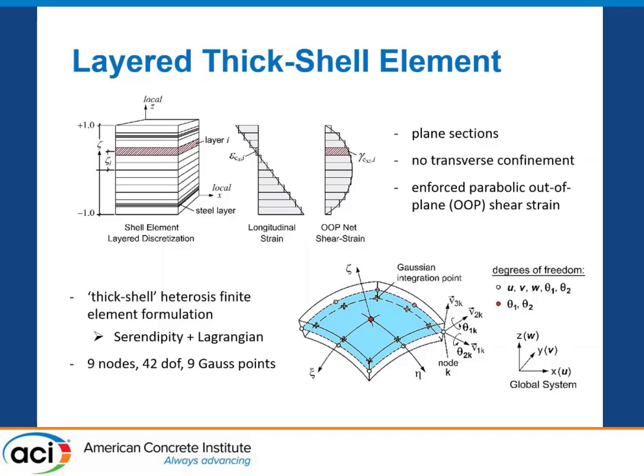So we assumed a parabolic variation of through thickness shear strain, and this is what would happen with a linear elastic model. This would agree with that. We actually found it provides a reasonable approximation of what's going on for nonlinear analysis, at least in terms of ultimate performance. It's a higher order shell element, so it's 9-noded, 42-degree freedom, and it's a thick shell element, so the key part there is it can account for through thickness shear strains, which is critical, obviously, to punching.